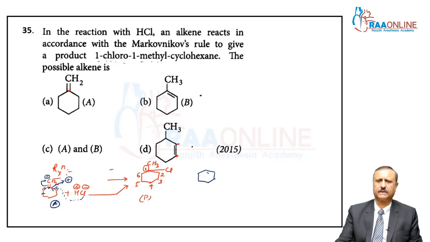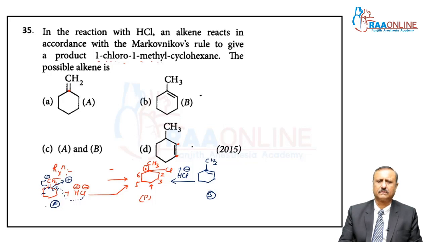Here the double bond is present, and here a CH3 group is present. My dear students, in this carbon atom you can see 1, 2, 3, 4 carbon atoms are present. That's why in this compound number B, no hydrogen atoms are present. Now when we add this HCl, plus and minus, you can see the electronegativity of this carbon atom is more.